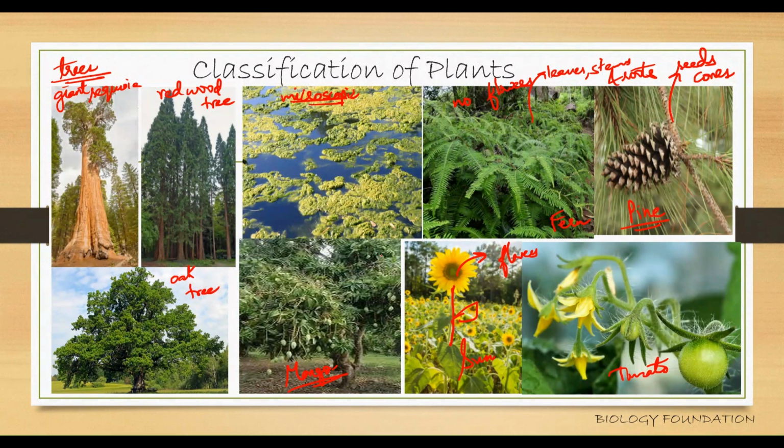So basically, there are certain plants which are very microscopic, certain plants which are gigantic, like your giant sequoia or redwood tree. Some plants only have root, stem, and leaves, and do not produce any flowers or seeds, while some plants are well developed, having a well developed root system, leaves, stems, flowers, and seeds.